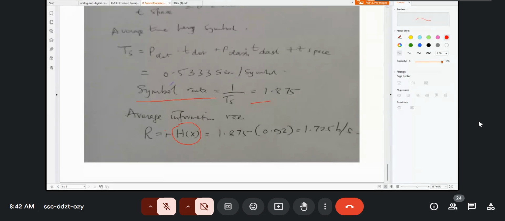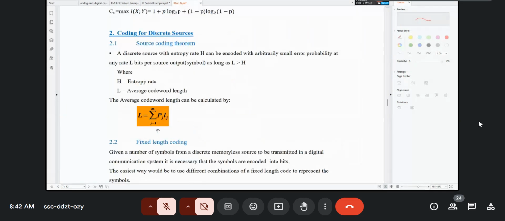I think with that, then maybe we can go to one of the most important applications of information theory, and that is coding for discrete sources.